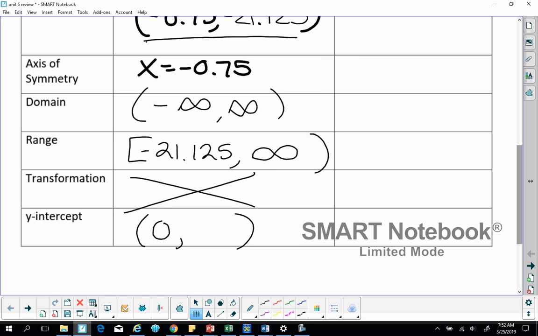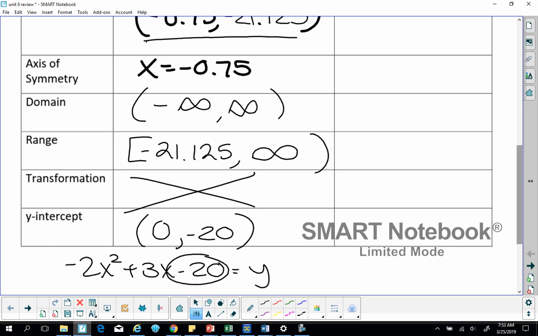Here's the original equation. Which number here is our y-intercept? Yes, negative 20 is your constant. You could always type that into table and find it also.